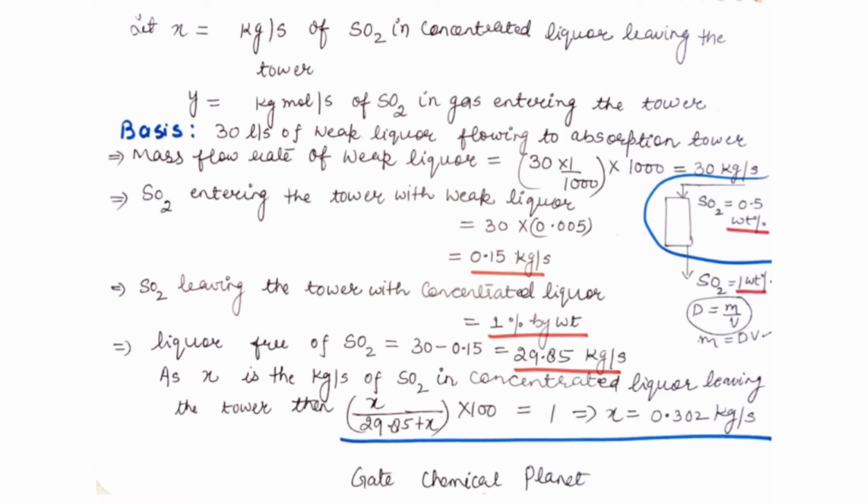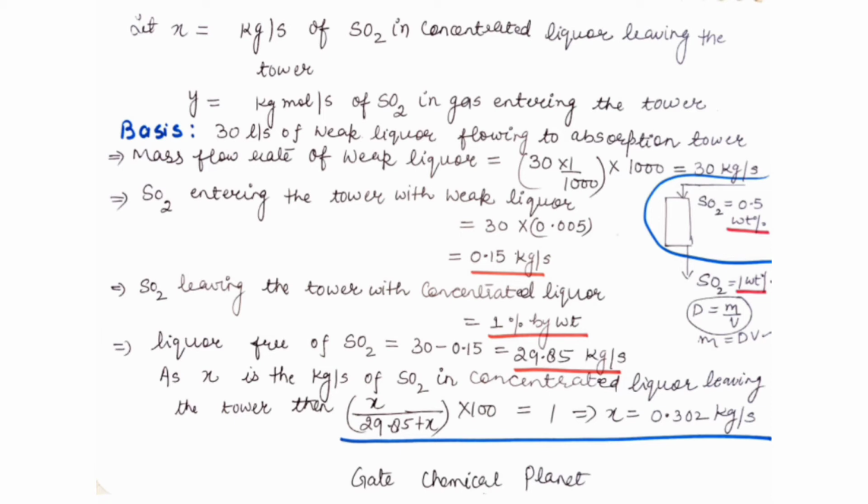So now the SO2 entering the tower with weak liquor is equal to 30 into 0.005. Here it is 1% in the outlet and 0.5 weight percent is coming into the system with the solvent.